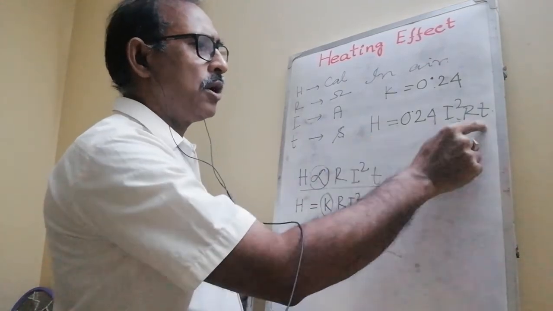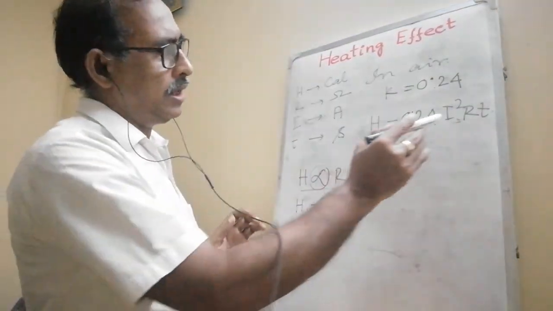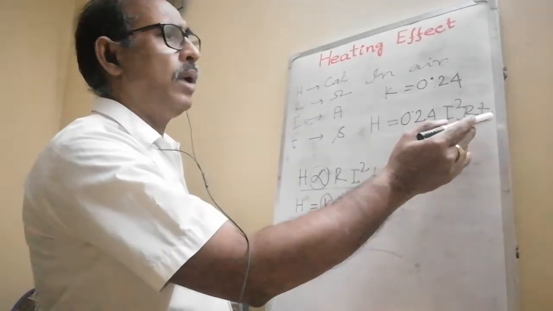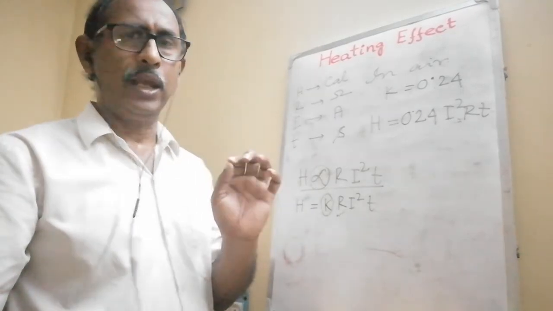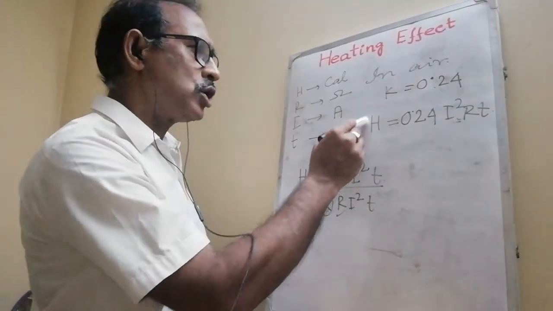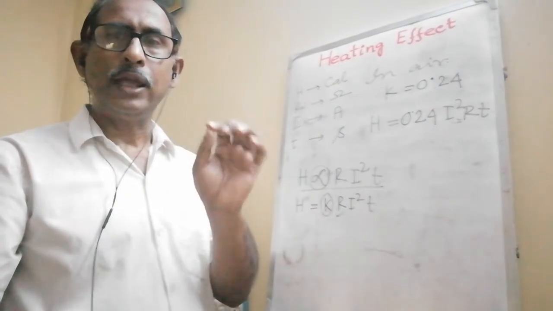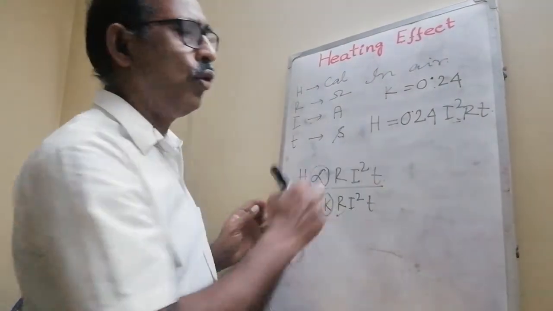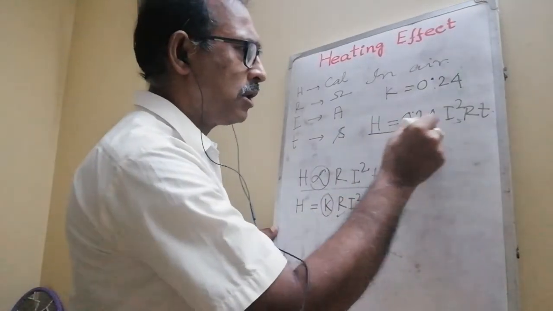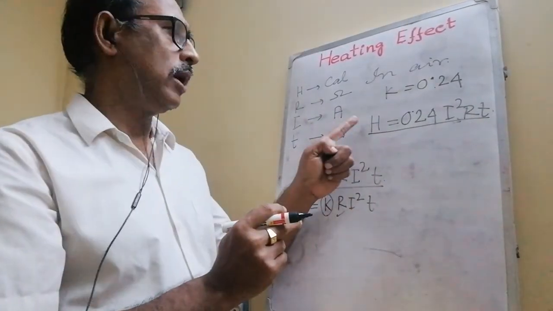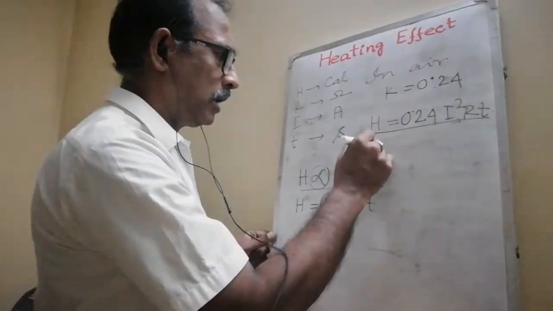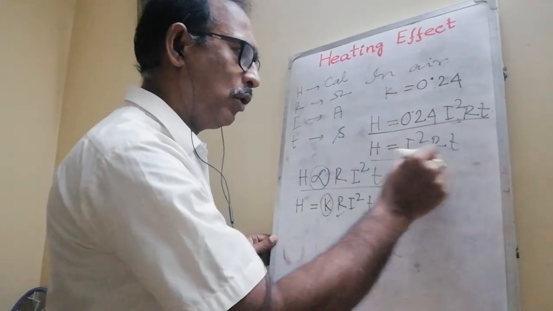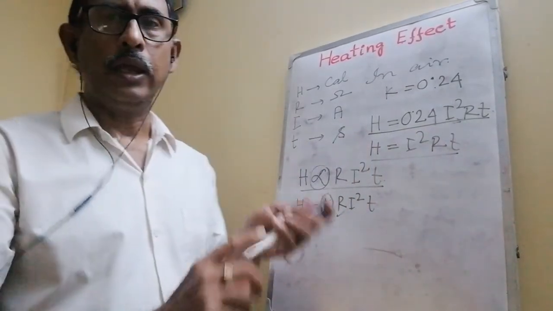If you use this formula, with I in ampere, R in ohm, and time in second, then you get the value of H in calorie, because of the 0.24. But if you put H equal to only I²Rt, then you get H in joule.